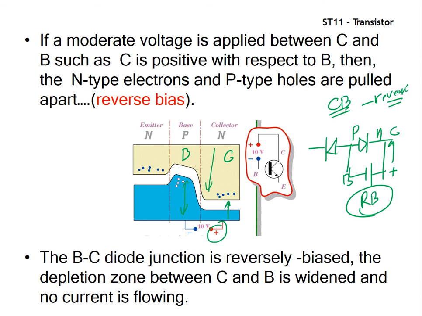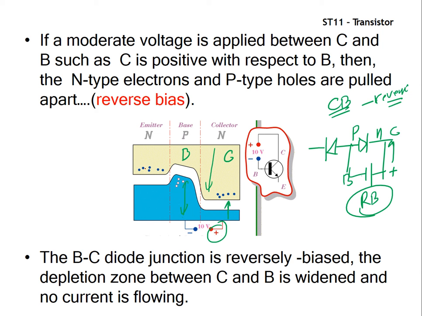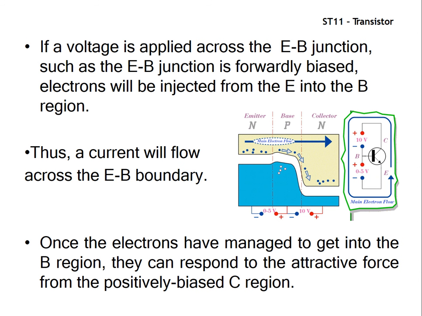Next, if we connect another battery across this base-emitter junction, such that it operates in forward bias, this junction operates in forward bias and the collector-base junction operates in reverse bias. Let's see what will happen.